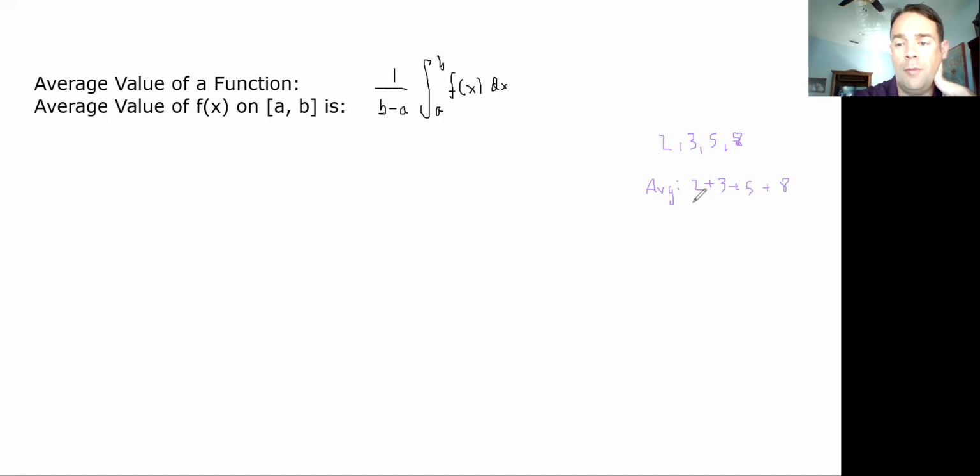So we add them all up, and since there were 4 of them, we divided by 4. And when we did that, we ended up with 18 over 4. So this right here was the sum of the terms. This right here was how many terms we had.